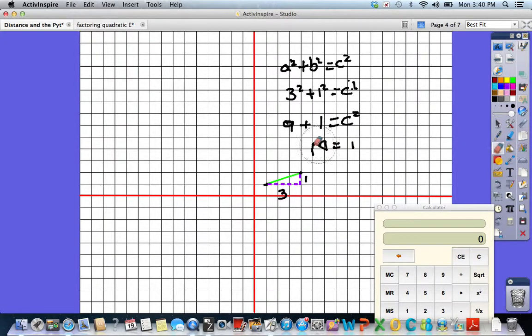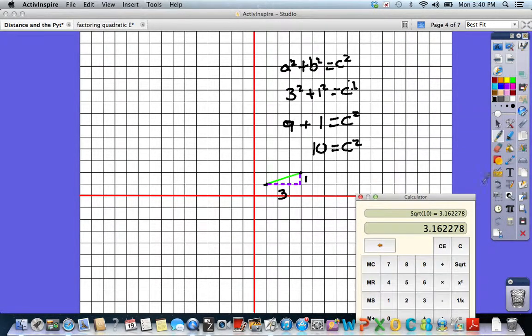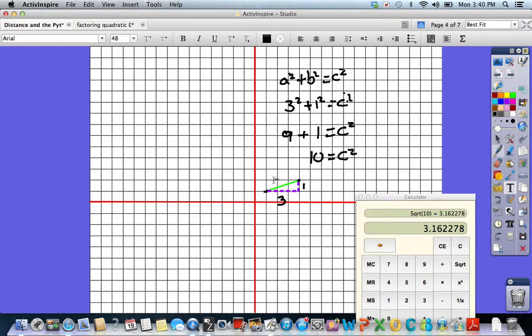So now I just take the square root of that, and I'm done. So I come down to my calculator. 10 square root, 3.2. I'm rounding to the nearest tenth. So the line segment here was 3.2. That's the distance, 3.2 units between these points.